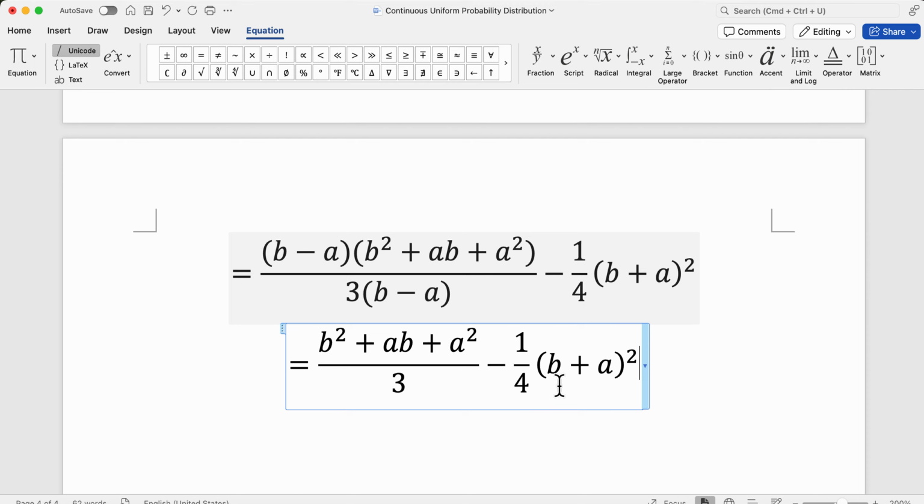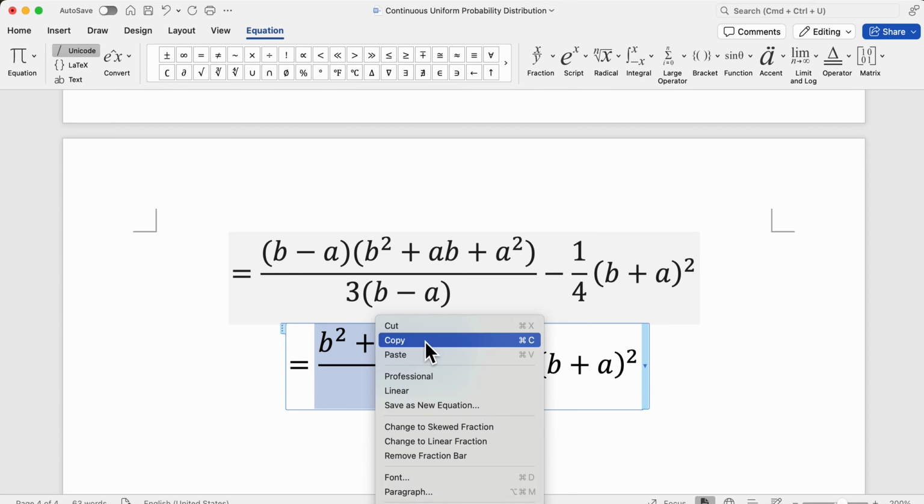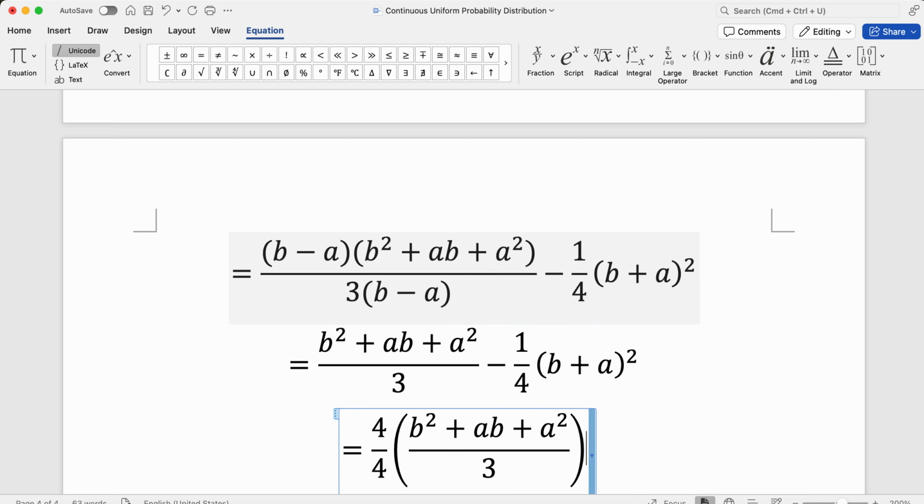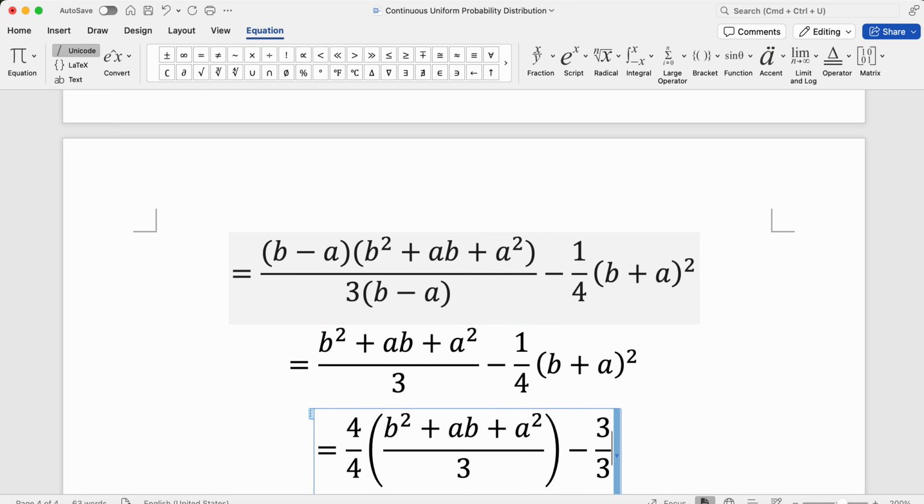Okay, and in order to put these terms together, we've got to put them into a common denominator. We have a 3 and a 4 here, so the least common denominator will be 12. So I'm going to multiply this by 4 over 4, and this by 3 over 3.